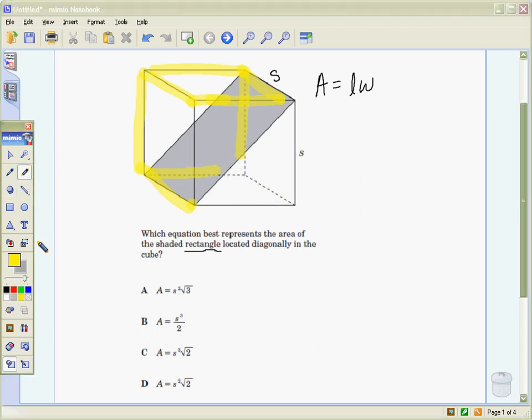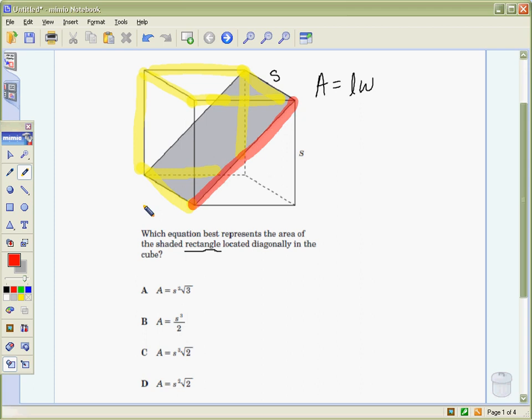So let's look at the width of our rectangle here. This thing right here is actually going to be the hypotenuse of this right triangle.